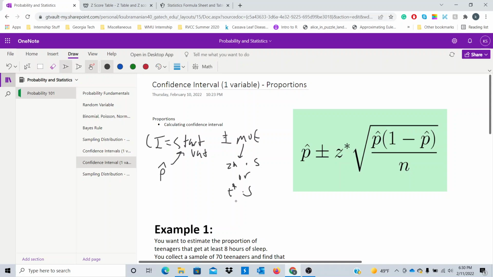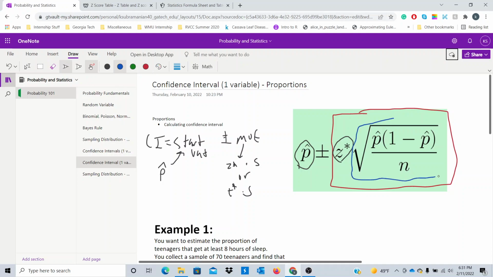In the case of the sampling distribution of proportions, our sample proportion is represented by p hat right here, and this term in red represents our margin of error. This is our z star, in the case where we can assume normality. As you may recall, when we talked about the sampling distribution of proportions, this term in blue represents the standard deviation for the sampling distribution of proportions. So you can see how these three pieces come together.